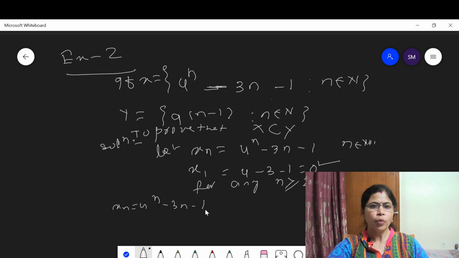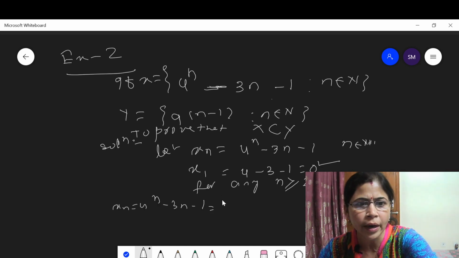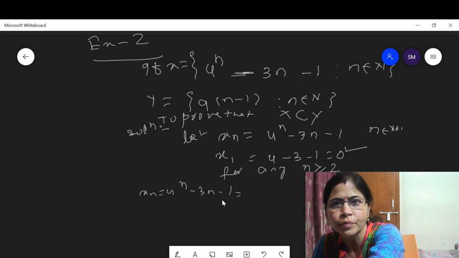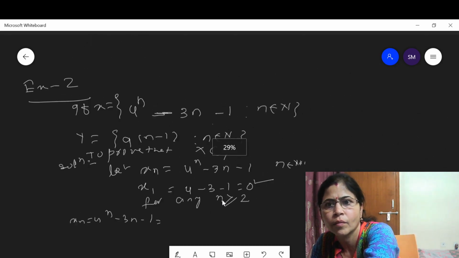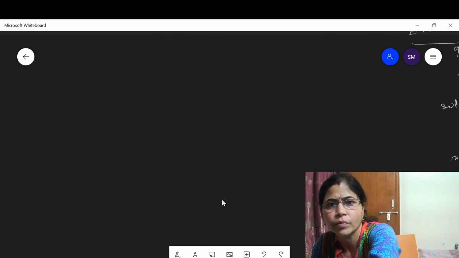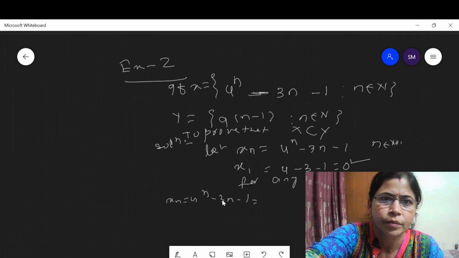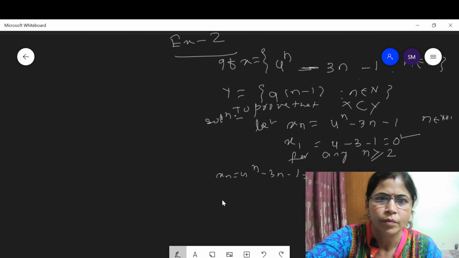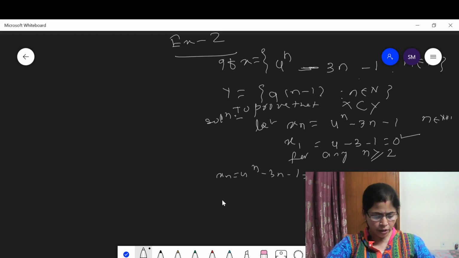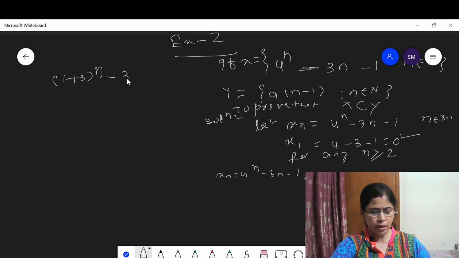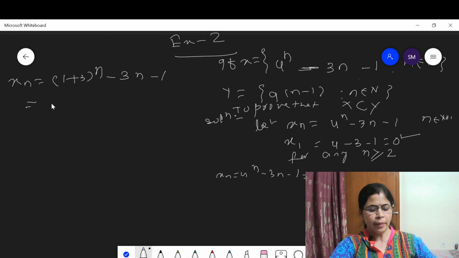Then 4 to the power n can be written as (1 plus 3) to the power n, minus 3n minus 1. Then by applying the binomial theorem, x_n equals this.